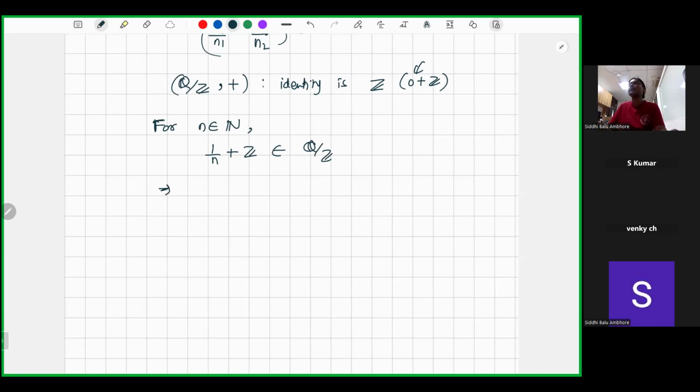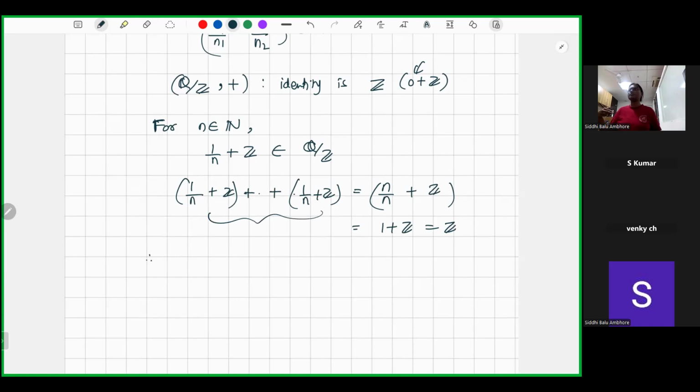And if I add it n times, 1 by n plus Z plus 1 by n plus Z, n times, gives n by n plus Z, which is 1 plus Z, and that is Z. So therefore the order of this is exactly n.